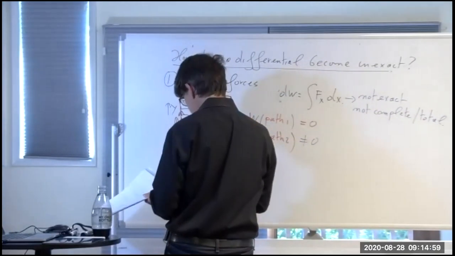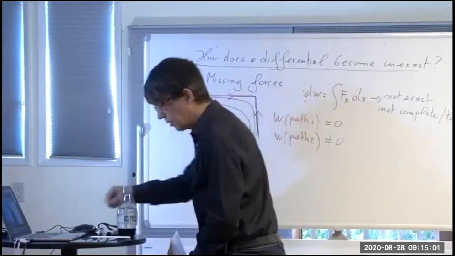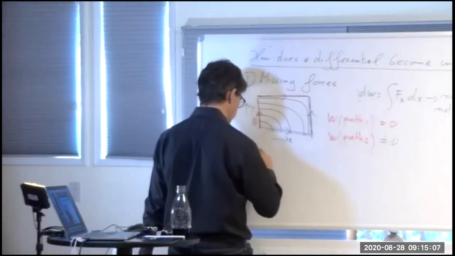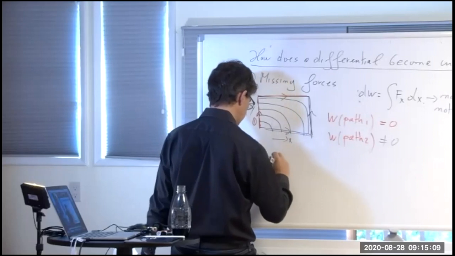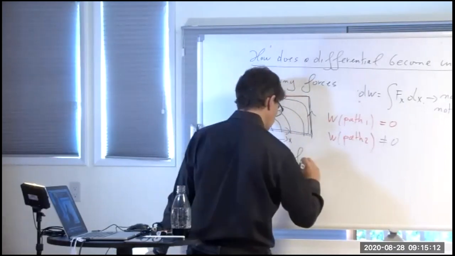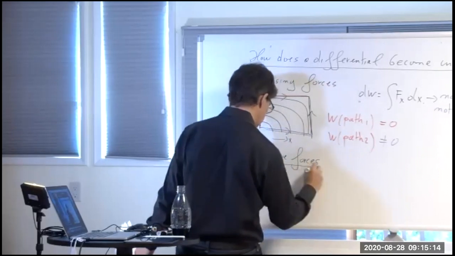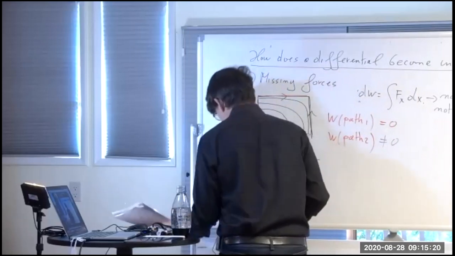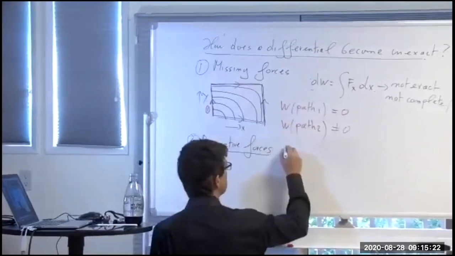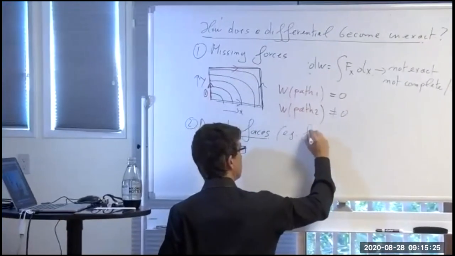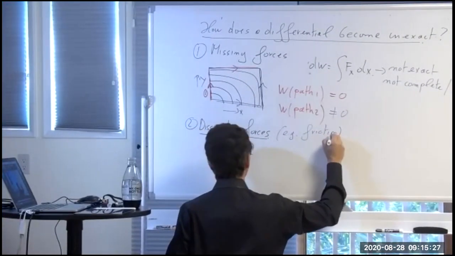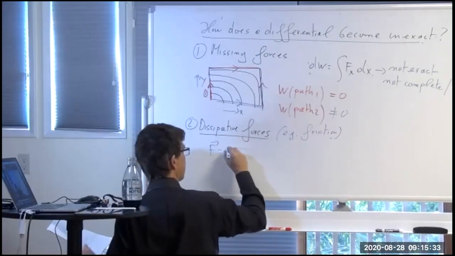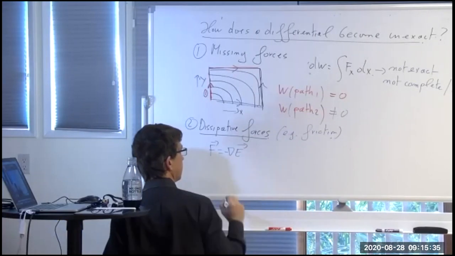A second way that you get non-exact differentials is if you have dissipative forces. Friction would be an example, right? For example, let's say I wrote my force as minus the gradient of the potential energy.